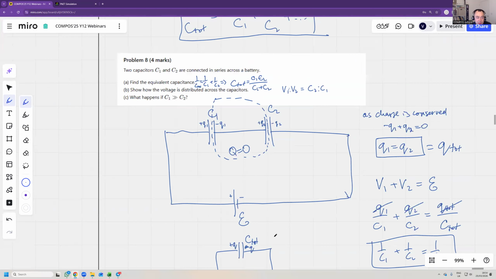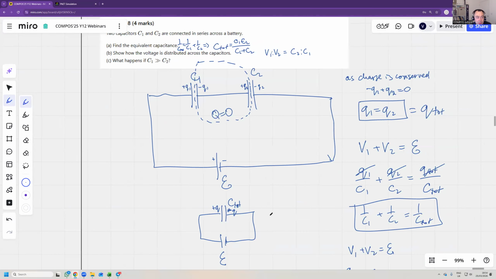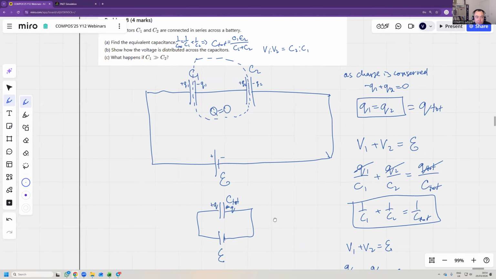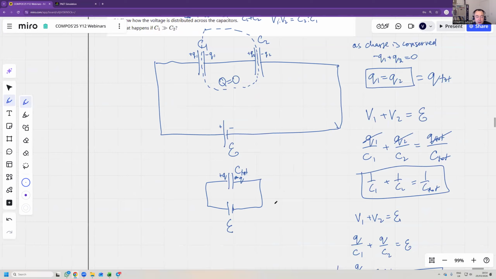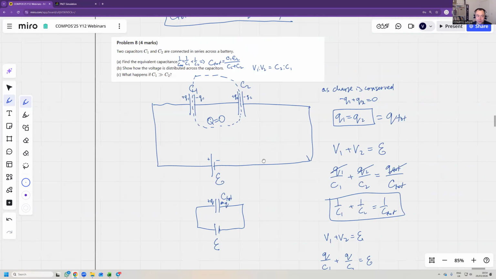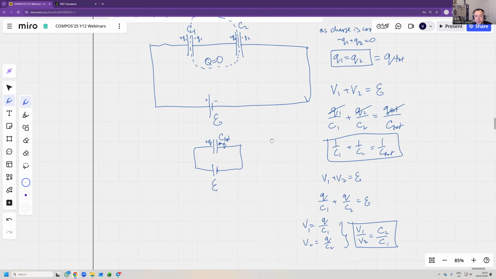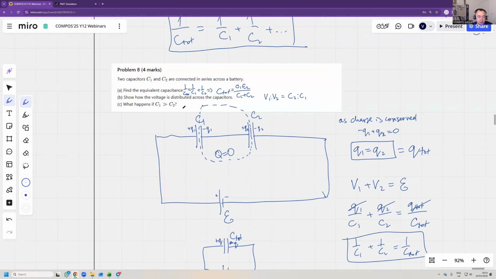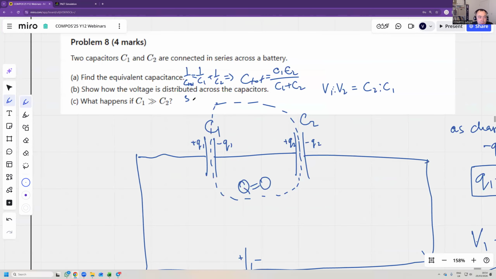Well, if C1 is much greater than C2, you would have a bigger voltage on the smaller capacitor. The smaller capacitor will have a bigger voltage.